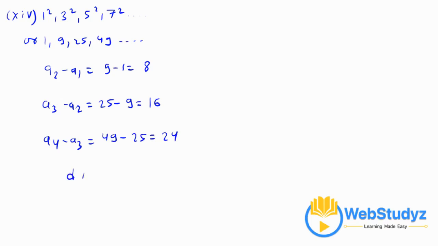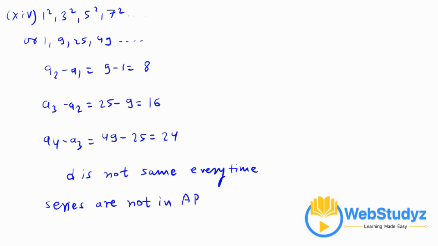As we can see, D is not same every time. That means we can say the given series is not in AP.